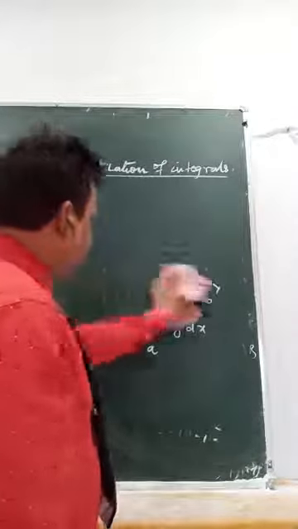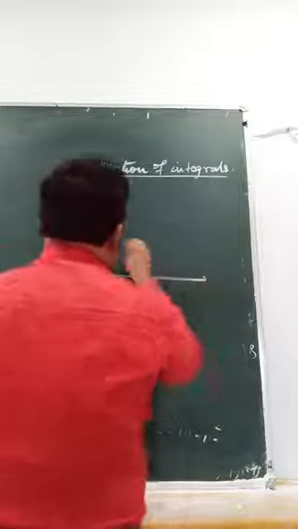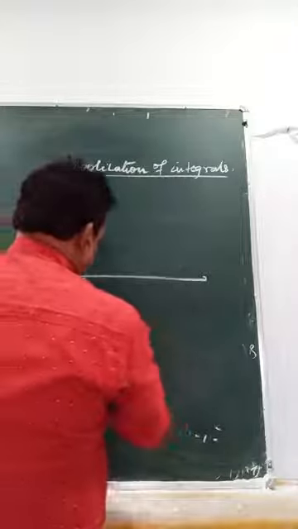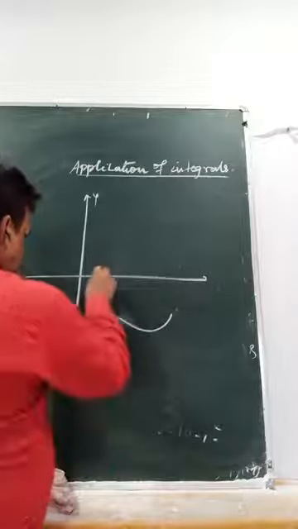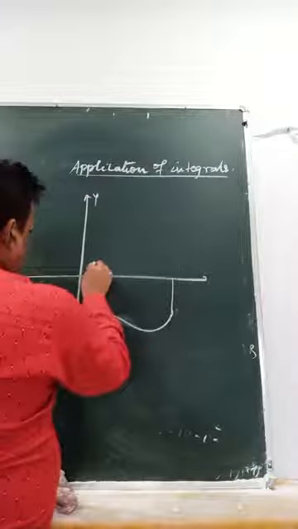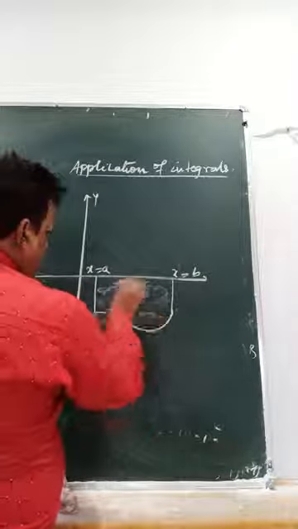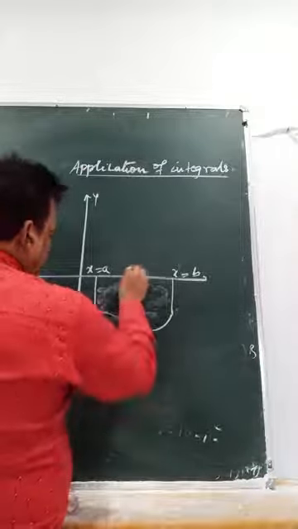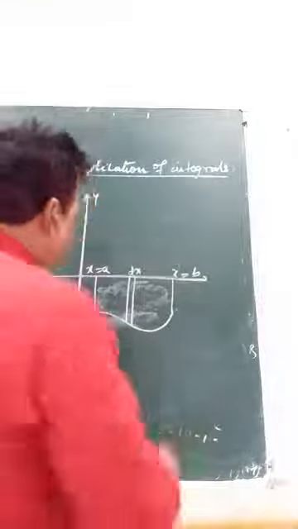Okay. Now the same curve is below the x-axis. If you find a curve, maybe this side or this side, that is not our problem. So this is a curve, and this is our limit. This is x equals to a, x equals to b, and you are asked to find the area of this region. Same thing, you take a small rectangular part. This is your dx, and this is your y value.